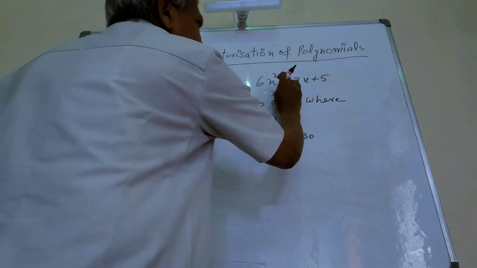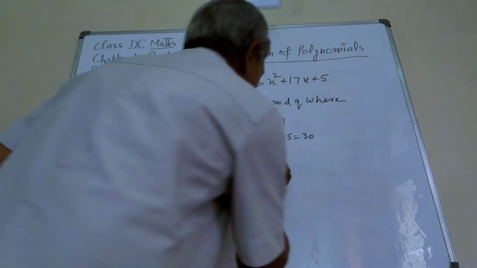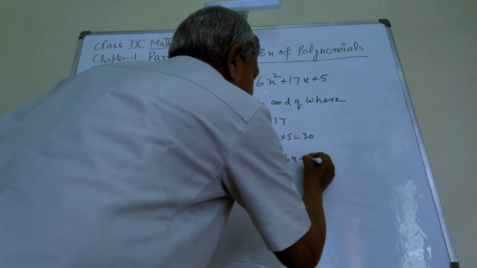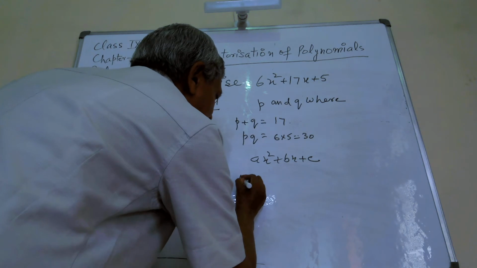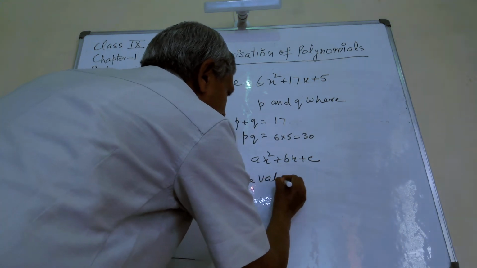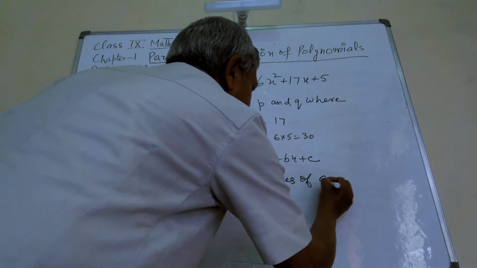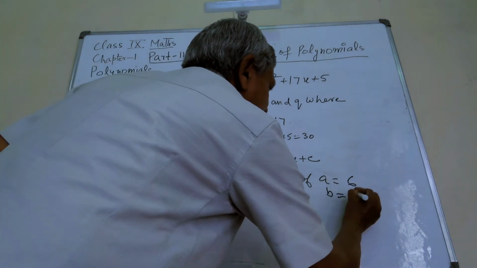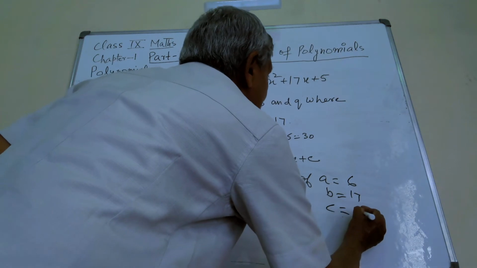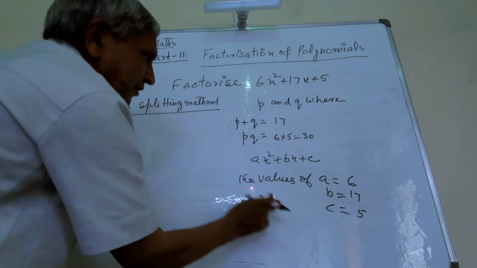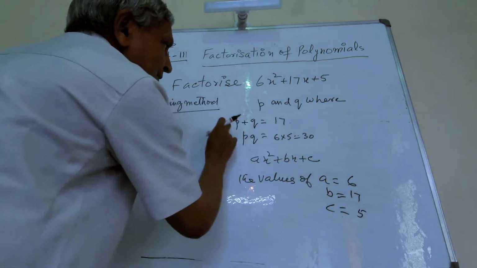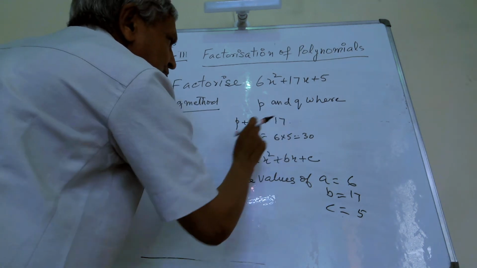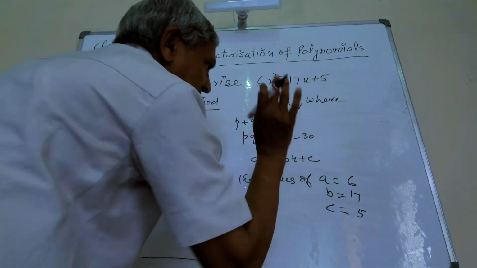If you compare this polynomial with ax square plus bx plus c, the values are a is equal to 6, b is equal to 17, and c is equal to 5. By putting these values here, you will get p plus q is equal to 17, pq is equal to 30.